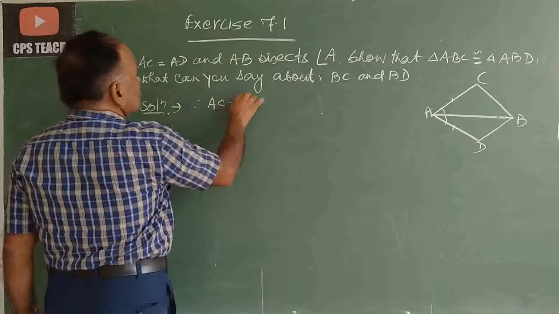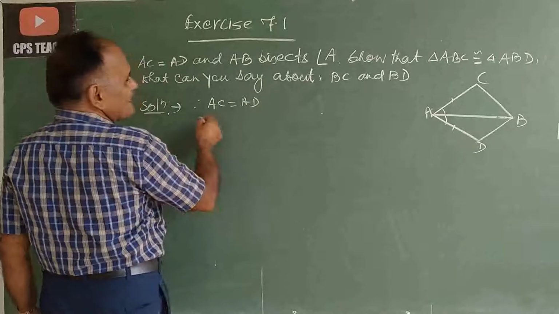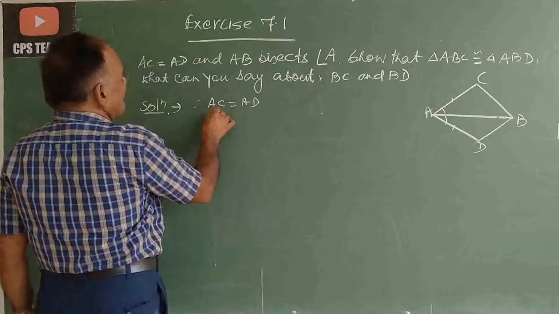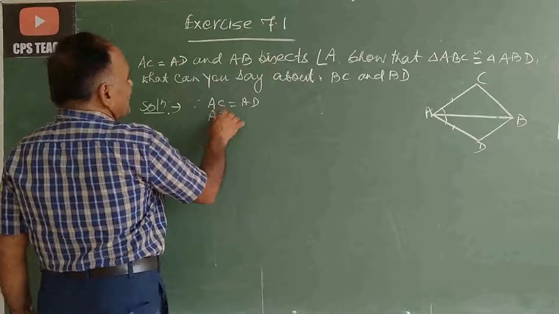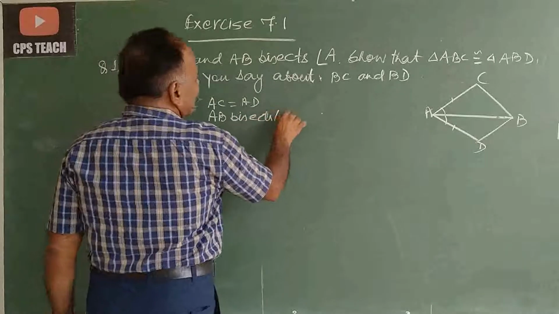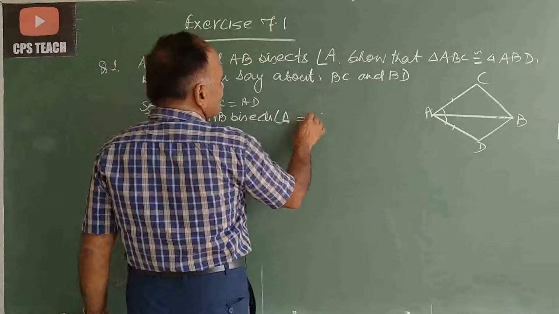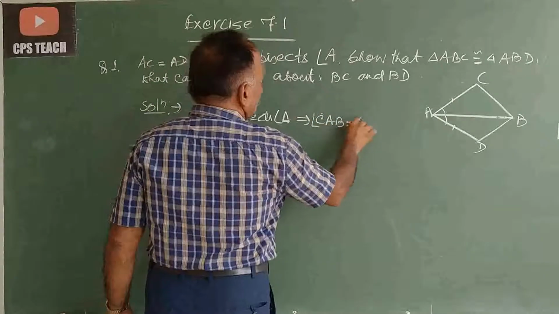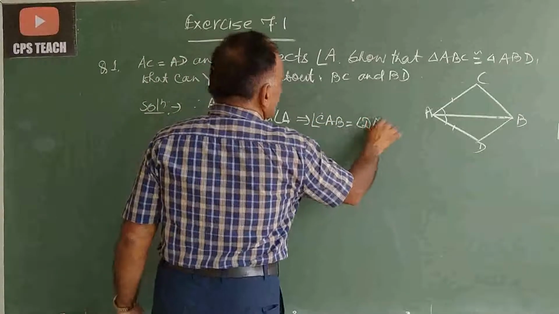AC is equal to AD. AB bisects angle A. The simple meaning is angle CAB equals angle DAB.